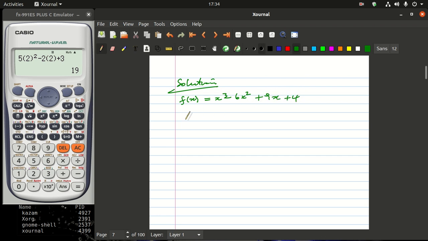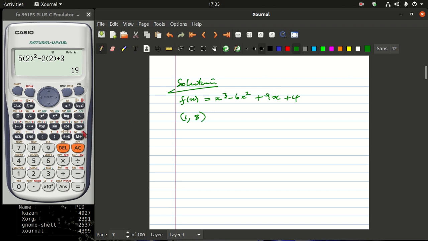And then you were given a point here, which is x is equal to 1. The output was not given, which means I take this one and plug it here. So I plug a 1 here, so I will get 1 minus 6, which is going to be minus 5. Minus 5 plus 9 is going to be 4. 4 plus 4 is going to be 8.